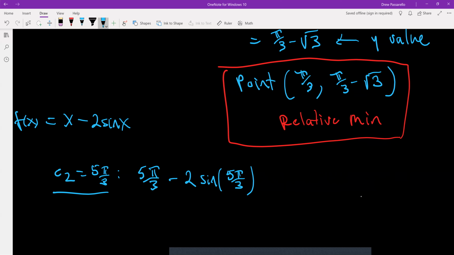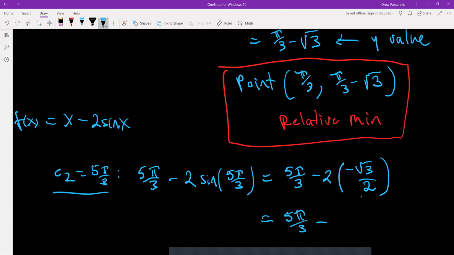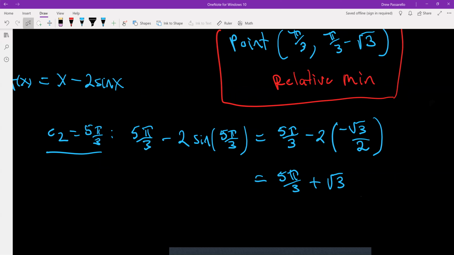And referencing the unit circle, sine of 5 pi over 3 is negative square root of 3 over 2. This will equal 5 pi over 3 minus 2 times negative square root of 3 over 2. All right, and we know the 2's divide out, but a negative times a negative makes a positive. So this will equal 5 pi over 3 plus square root of 3. All right, that's our y value, or the output.